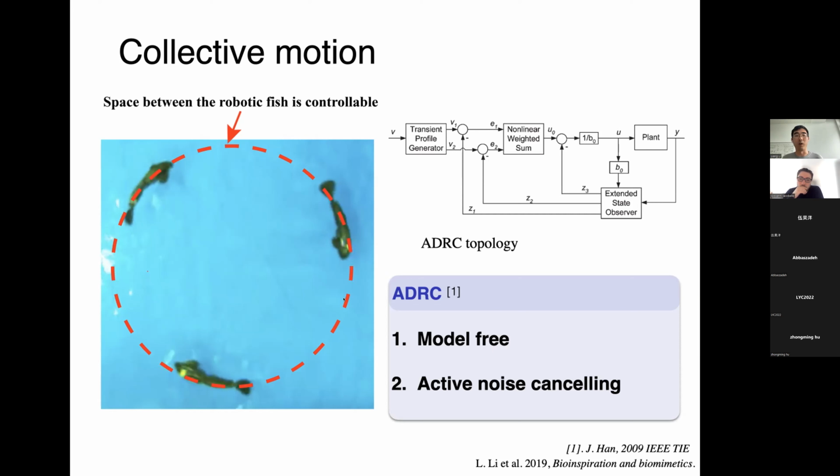And even if you can model it, it's very hard for a microcontroller to process it on board. And second, it can actually estimate noise and then cancel it before you apply the controller. And this is very helpful for the robotic fish case. As you can see, when the robots swim by body undulation, it will always generate turbulence, and it's very hard to predict.